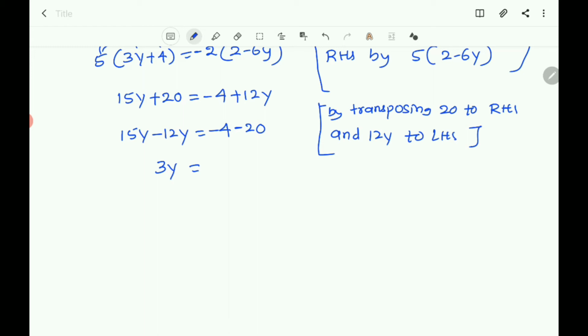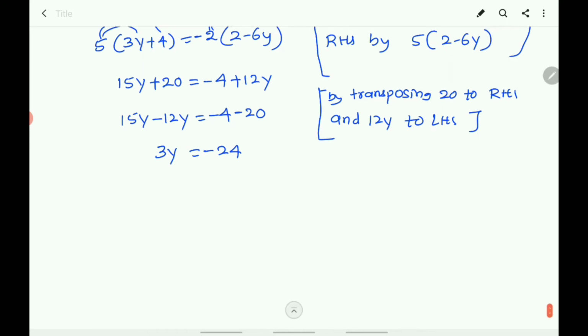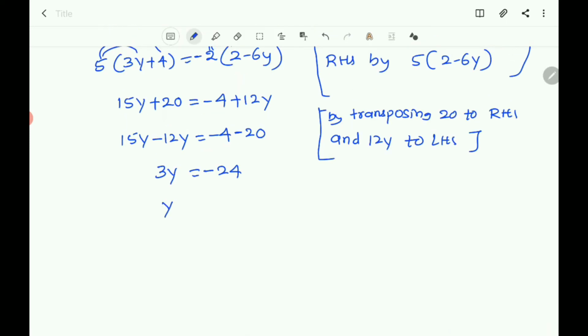Here both the numbers have the same sign, so add them and put the same sign, so it becomes minus 24. And in the next step, here we have to cancel 3 in the LHS. To cancel 3, we have to divide both LHS and RHS by 3. So it becomes y is equal to minus 24 by 3.